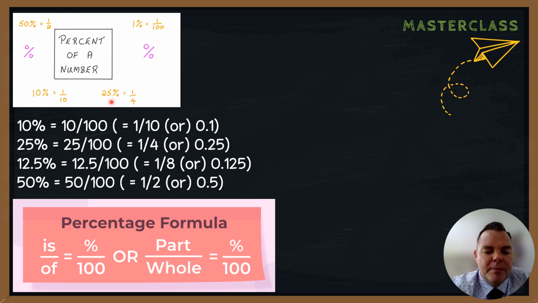And 25 plus 25 is 50, and then 50 plus 25 is 75, and then 75 plus 25 is 100. So if we times 25 by 4, like we've done here with the denominator, we know that equals 100, okay? So that's why that is 1/4. So that's basic understanding of those percentages.